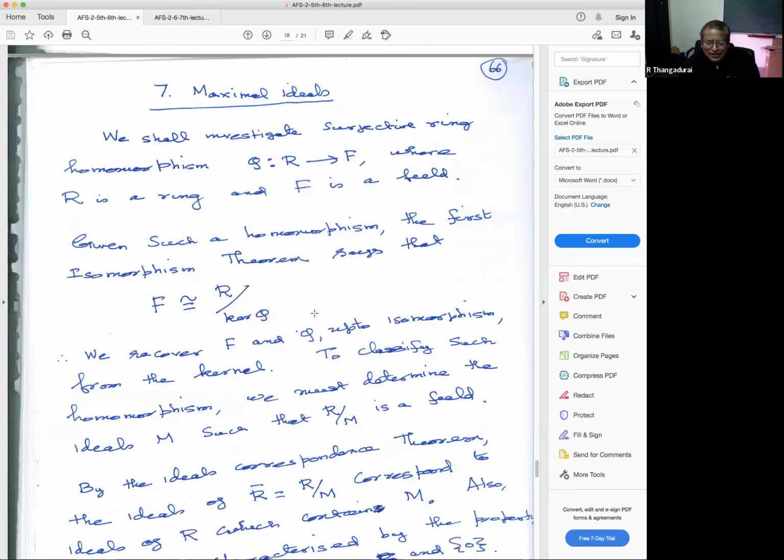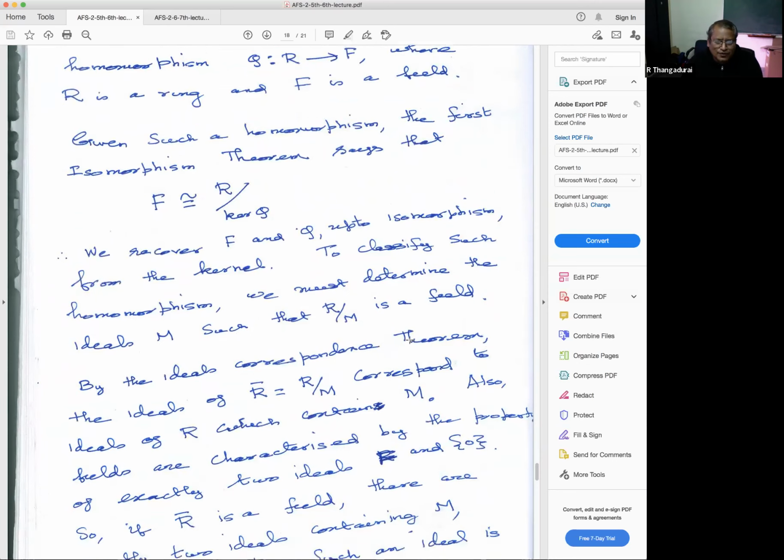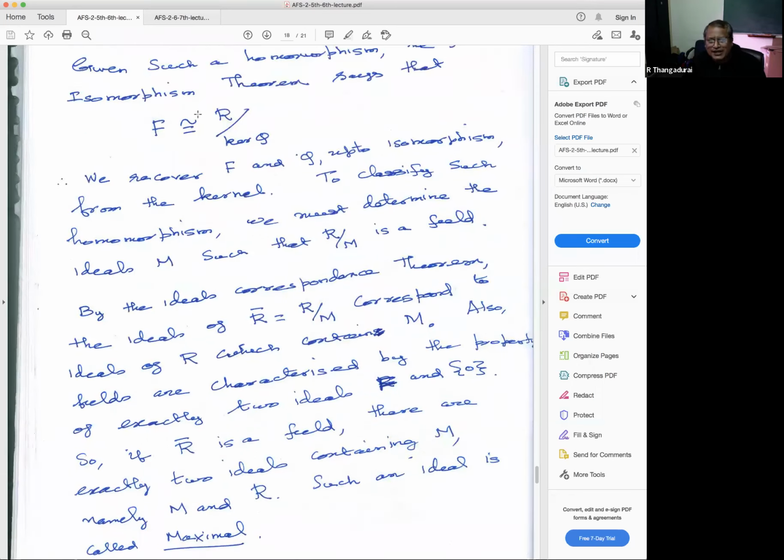That's the idea. To classify such homomorphisms, we must determine all the ideals M such that R mod M is a field. By the ideal correspondence theorem, any ideal of R mod M corresponds to an ideal of R which contains M. Also, a field is characterized by the property of having exactly two ideals, itself and the zero ideal.